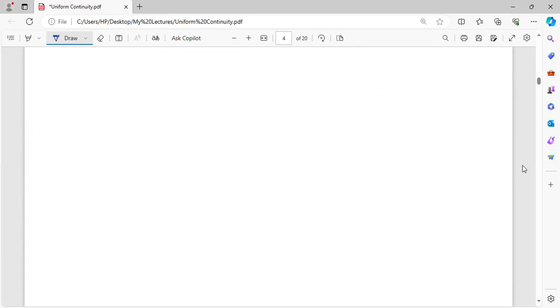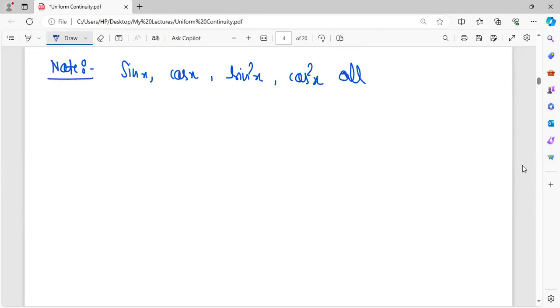Now, note that in lecture 2 we have already proved that sin x, cos x, sin square x, cos square x are all Lipschitz functions.